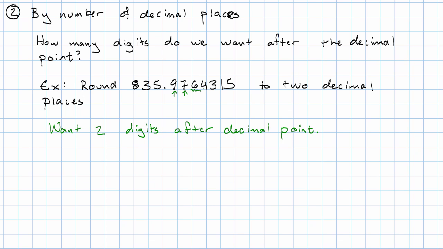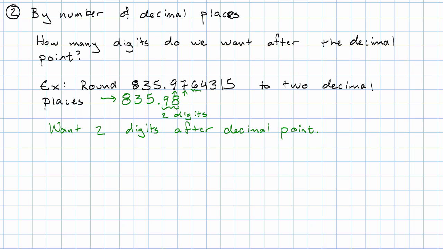It's more than 5, so I'm going to round up. That 7 will go up to an 8. Everything before the 7, we just copy it. 835.98. Notice in our answer we have 2 digits after the decimal point.